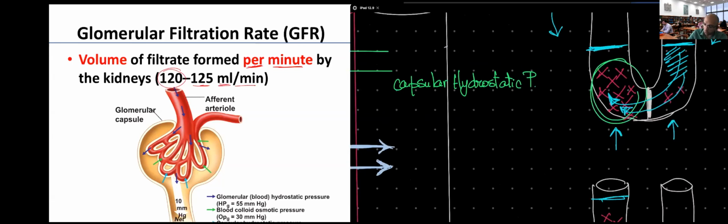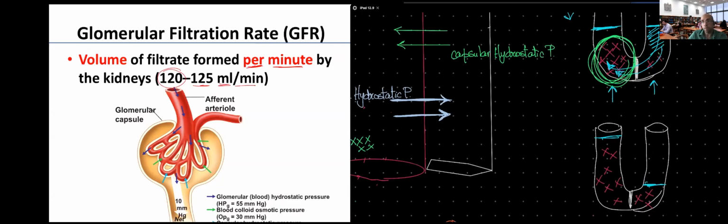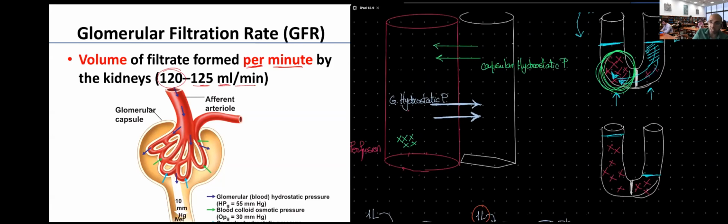Did it pull the water or push the water? You're pulling the water. I'm pulling the water towards me. So here, as I have much higher solute content because a lot of stuff didn't get filtered, the water is going to be pulled backwards towards your blood vessel.